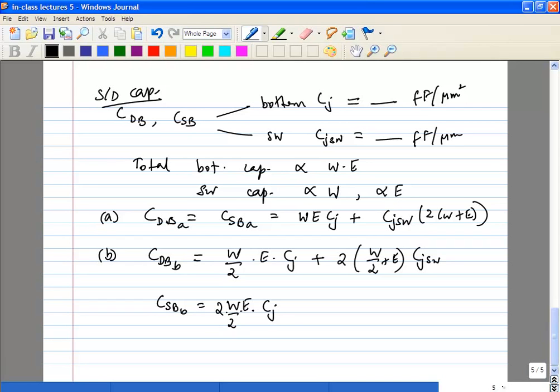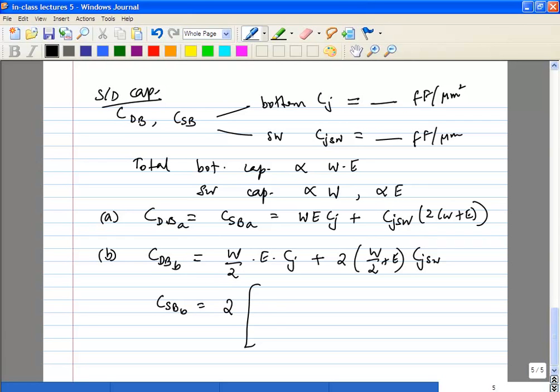Source bulk capacitance, you have 2W by 2 times E, because you have two sets of diffusions, plus you have 2 into... Okay, so let's write them a slightly different way. Let's just do the single one and multiply it by 2.